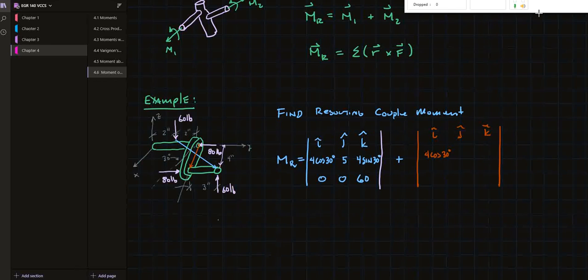And then we're going to have 0, and then minus 4 sine of 30 degrees. I was looking here when I rewrote this, I forgot to put the minus sign back in there. And then this is going to be 0. We have 80 in the y direction, and then 0.